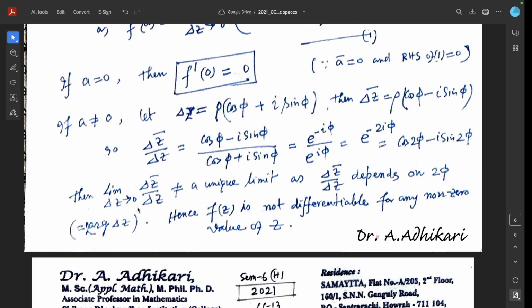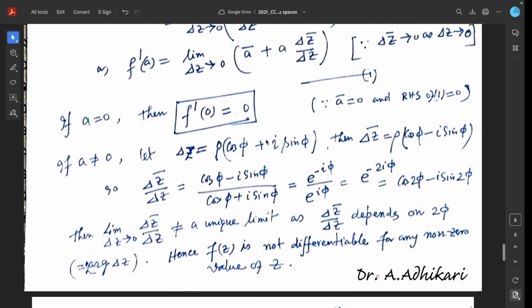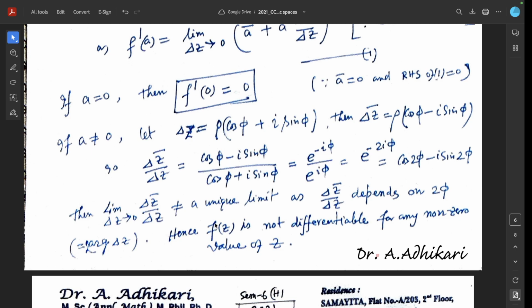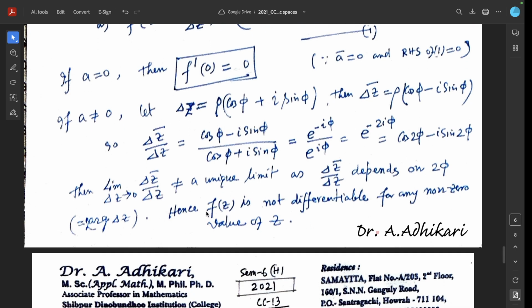The limit as delta z tends to 0 of delta z bar by delta z is not a unique limit, because this limit depends on phi, the argument of delta z. So we cannot find a unique limit if a not equal to 0, and hence f(z) is not differentiable for a non-zero value of z.